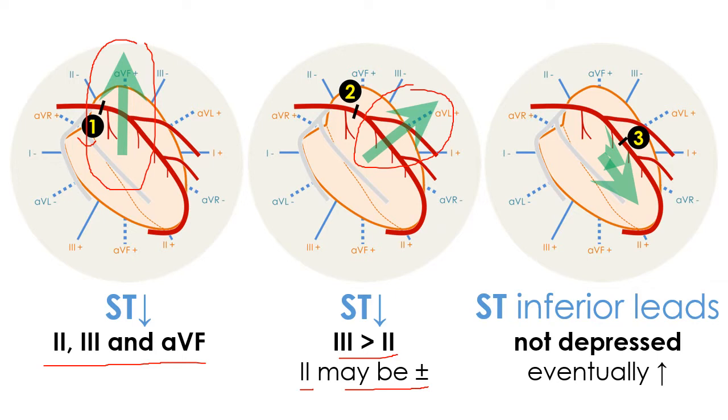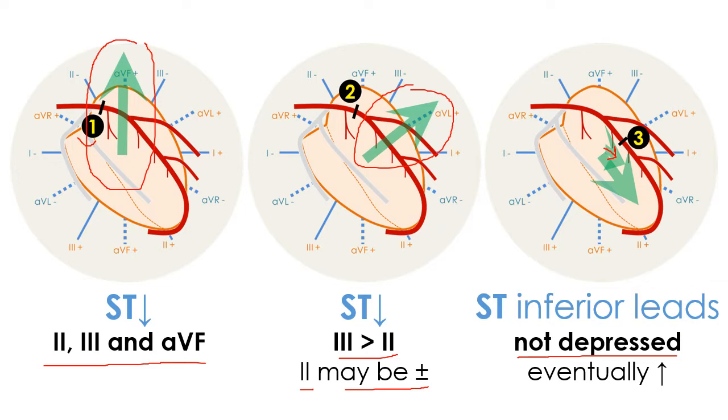The most frequent form is represented by those cases in which the ST deviation vector is almost perpendicular in direction to the frontal plane, so that the ST segment is not depressed in any of the three inferior leads.